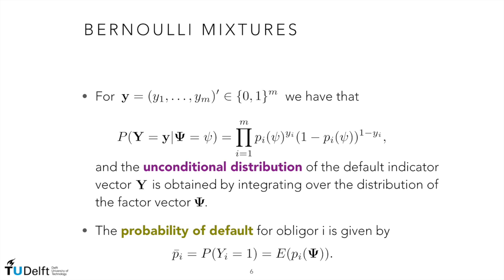This tells us that, conditionally on a realization of psi, the joint distribution of defaults is just a product of Bernoullis. In order to obtain the unconditional distribution of the vector Y, we need to integrate over the distribution of the vector psi, which plays the role of a mixing distribution.